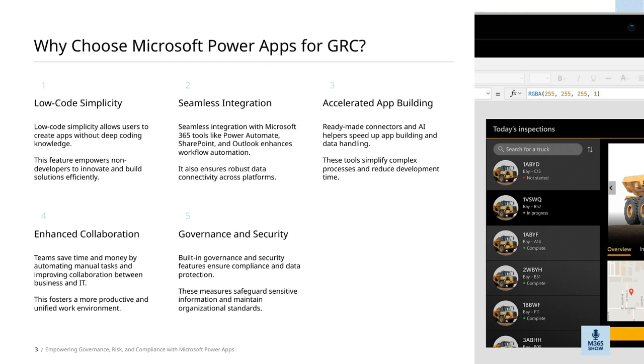By automating manual tasks and improving collaboration between business teams and IT, Power Apps creates a more productive and unified work environment. Additionally, Power Apps includes ready-made connectors and AI helpers that accelerate app development and data handling. These tools simplify complex processes, making it faster and easier to build solutions without starting from scratch.